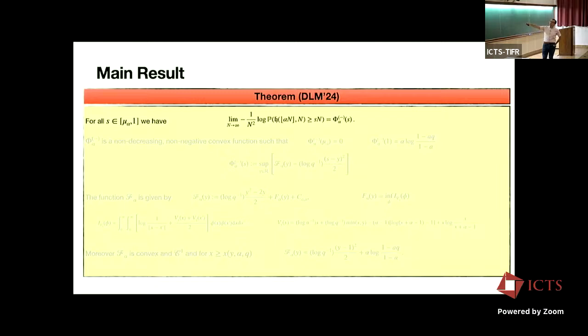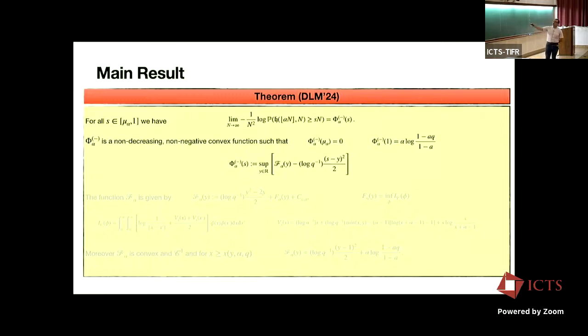Then the limit of the logarithm of the probability that the height function grows larger than S times n, divided by n squared, converges to a certain exact function, which I called phi minus alpha S, where S denotes the event that we are considering. So this is the limit. There exists a rate function, and the 1-point height function of the stochastic 6-vertex model satisfies a large deviation principle.